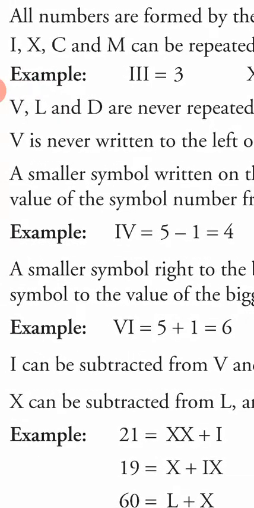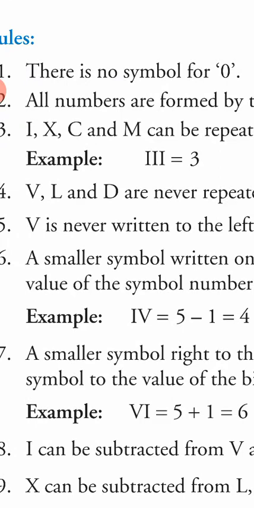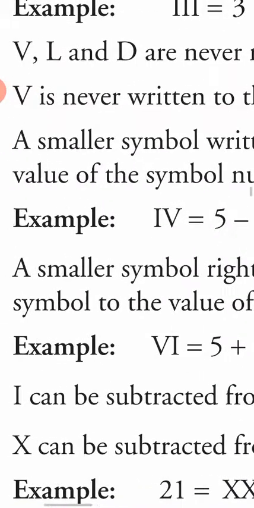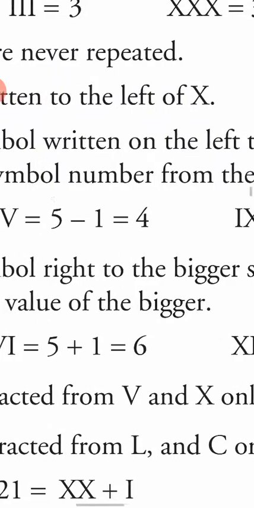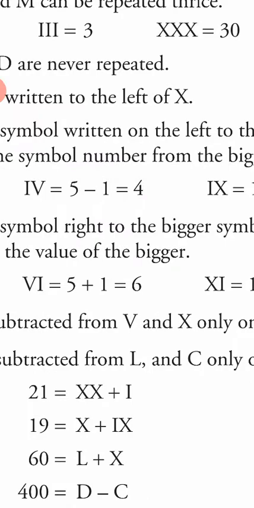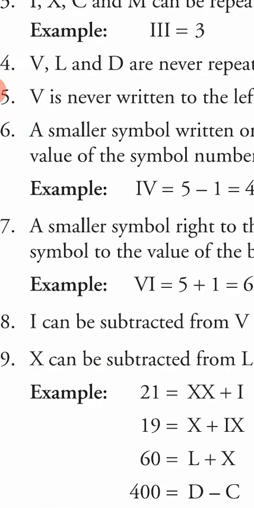Means while writing Roman numerals, we will never repeat V, L and D. Only the above given four symbols can be repeated thrice, and that was I, X, C and M. Fifth rule, V is never written to the left of the X. Means we will always write it to the right of the X. You cannot write V to the left of X.